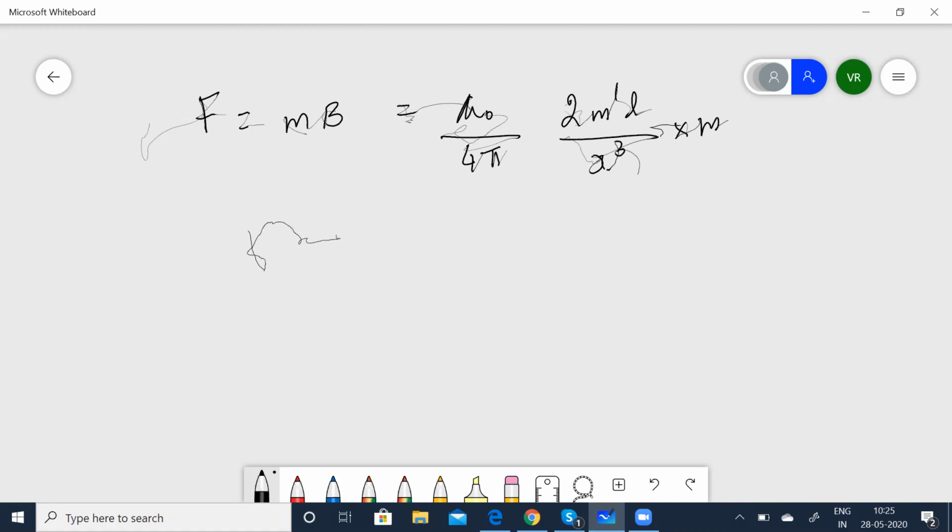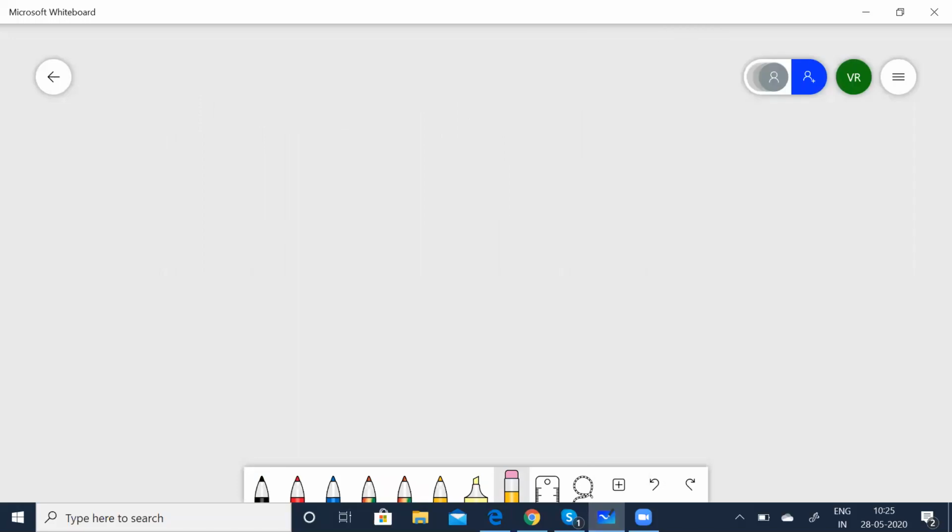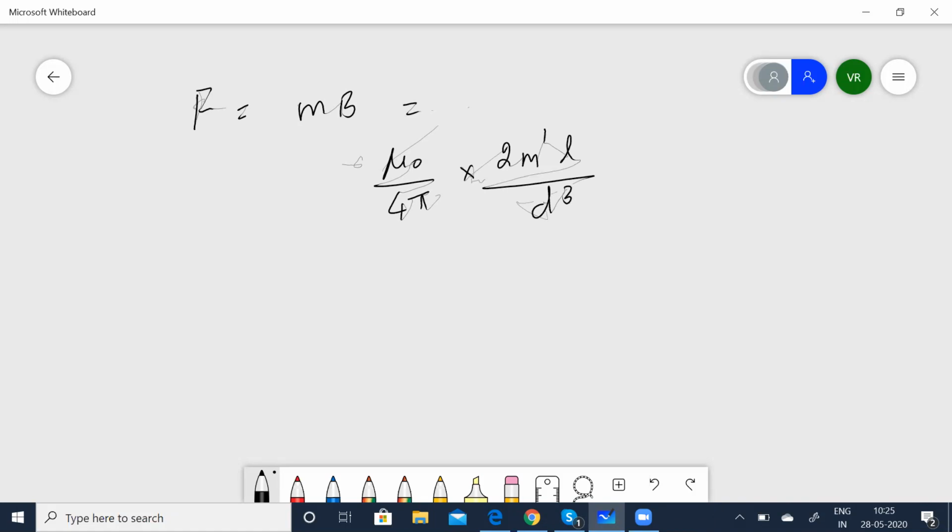Having known all the values, we can now substitute. Sorry, children, I'll do it again. Let me write it first. So F is equal to MB, which is equal to mu 0 by 4 pi into 2 m dash L by d cubed into m.